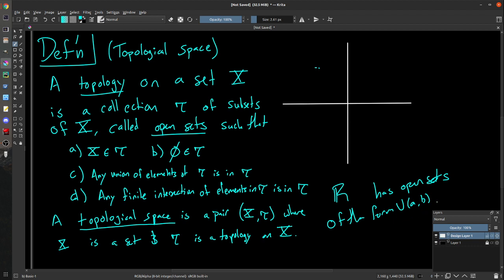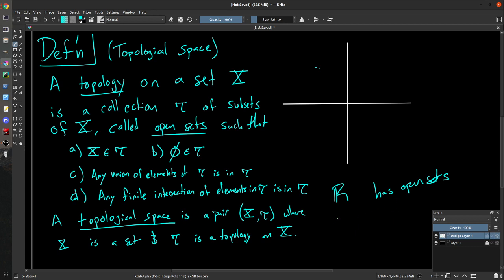What I should say is it has a topology generated by open sets of that form according to these rules. But open intervals, right? Take open intervals and put them together.